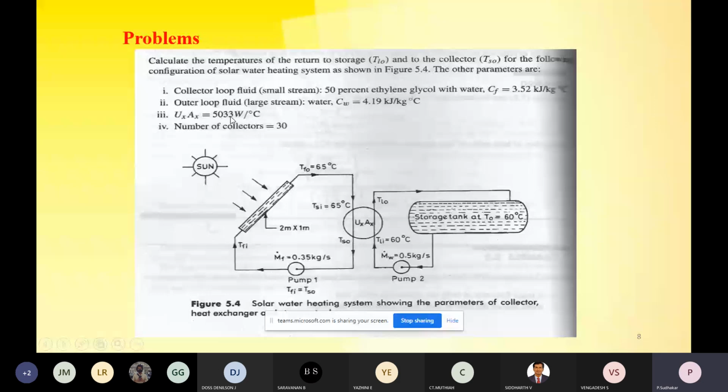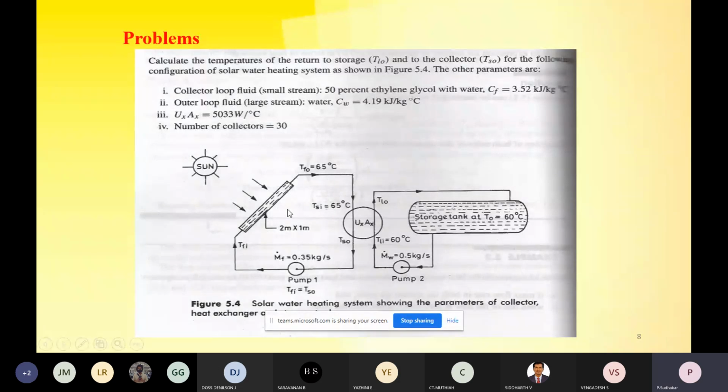UX will be in watt per meter square degree centigrade, so when you multiply by area, what you get is watt per degree centigrade. So UAX is 5033 watt per degree centigrade. Next is the number of collectors in the system, that is 30. So 30 collectors are there.